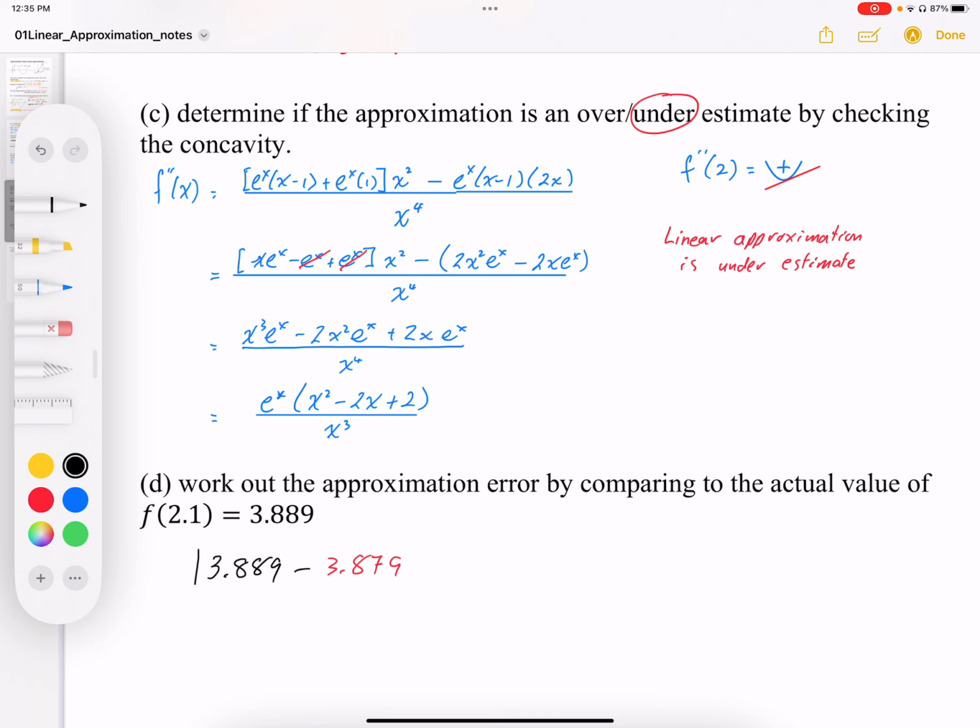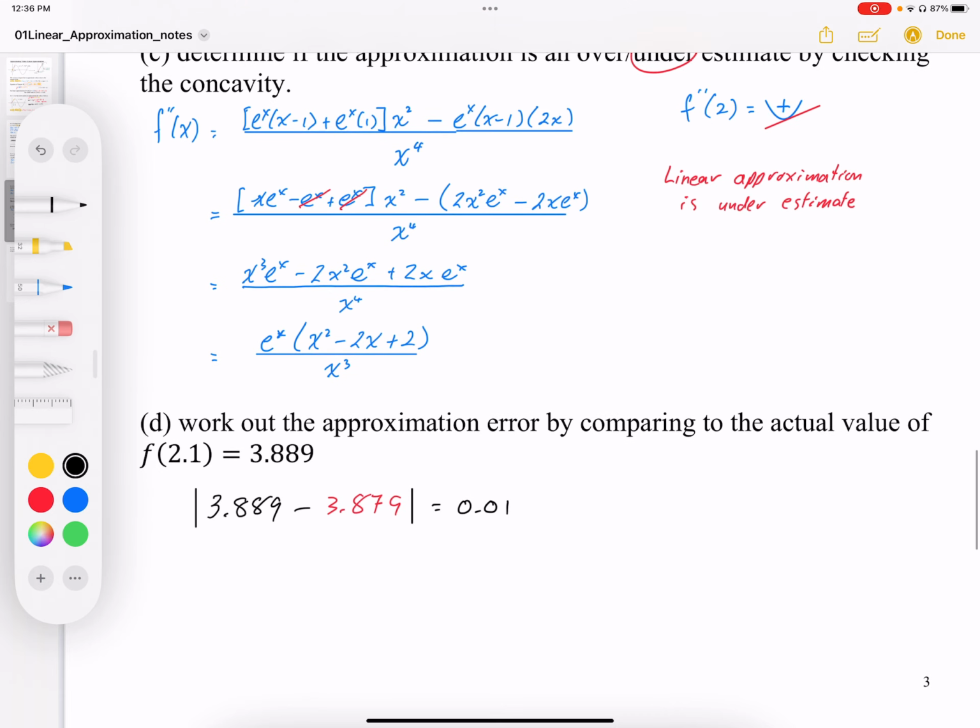Okay, and that represents the difference, which is equal to 0.01. And if we want to work out the percentage difference, we can say that the percentage difference is equal to the difference 0.01 divided by 3.889, and that's approximately about 0.2%. Okay, so 0.2% error.